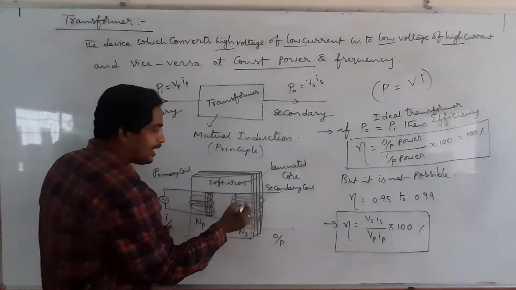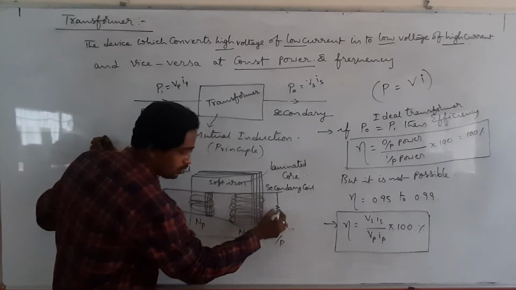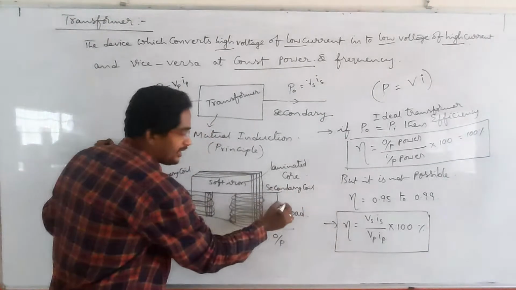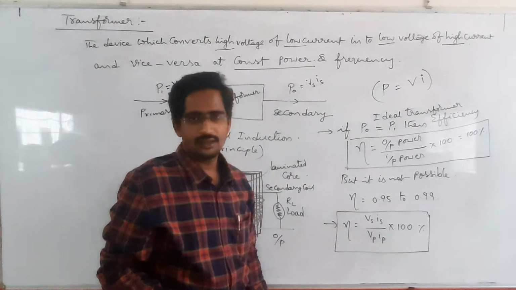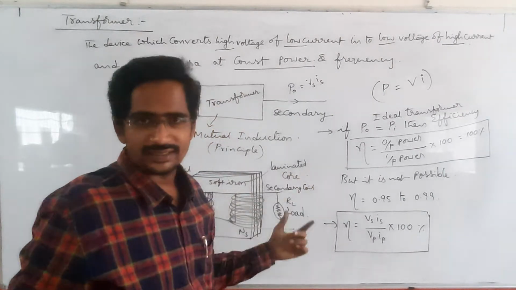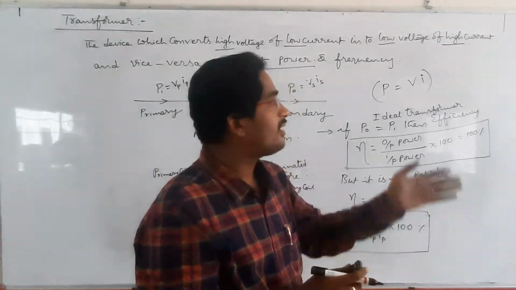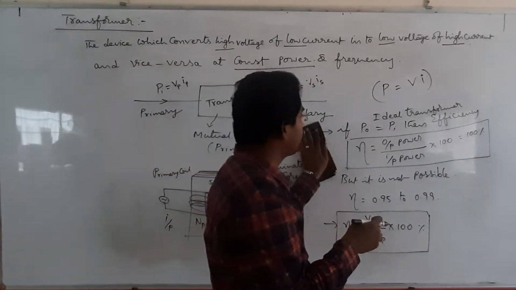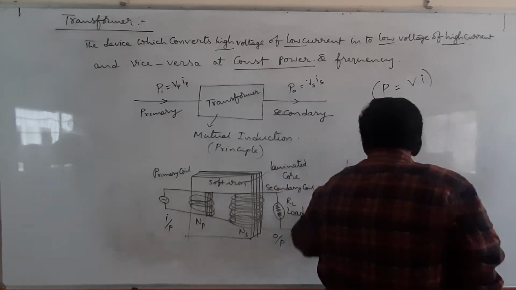The output we get here is given to the load resistance, called the load. Load means the circuit behind this. If you open a TV circuit, the power we give to the TV first goes to the transformer.